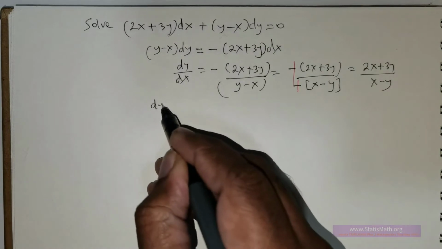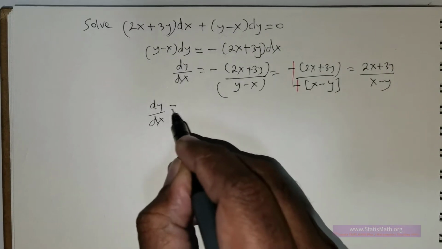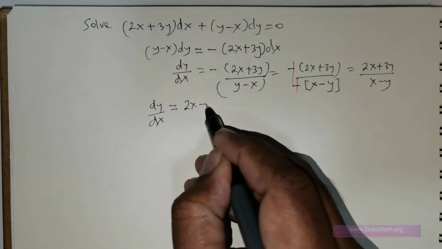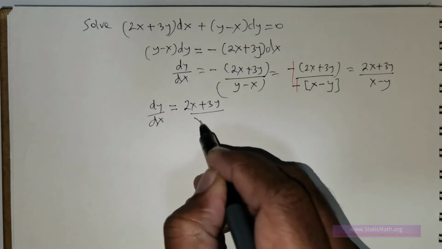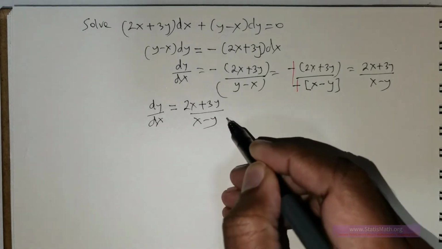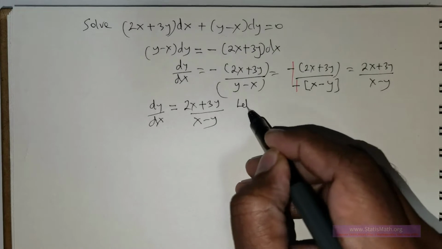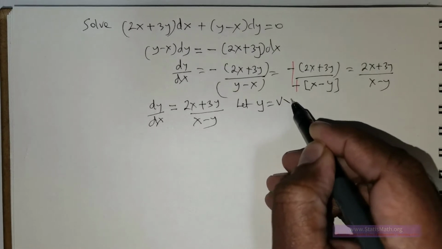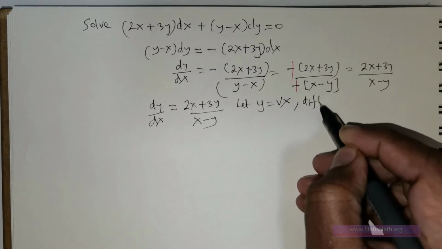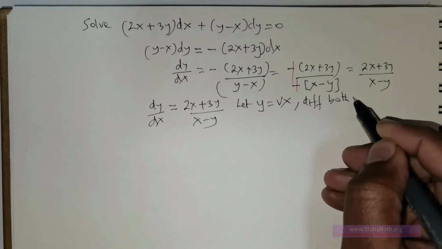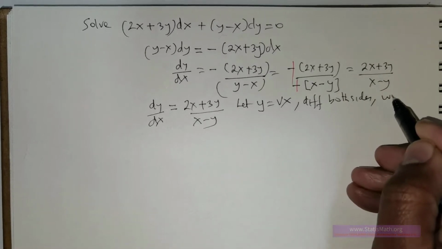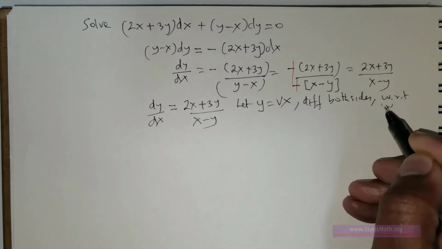So now I am rewriting dy/dx as (2x + 3y) divided by (x − y). Now what I'm going to do is substitute y = vx and then differentiate both sides with respect to x.